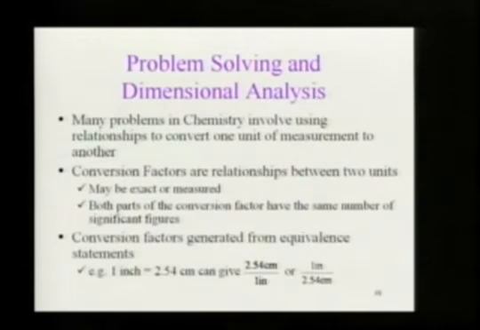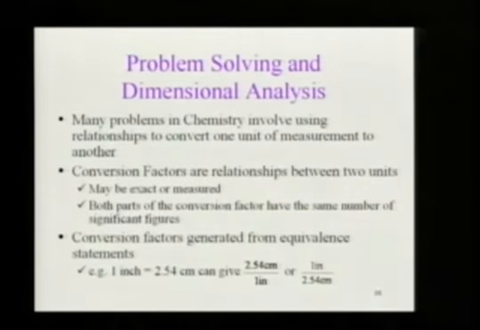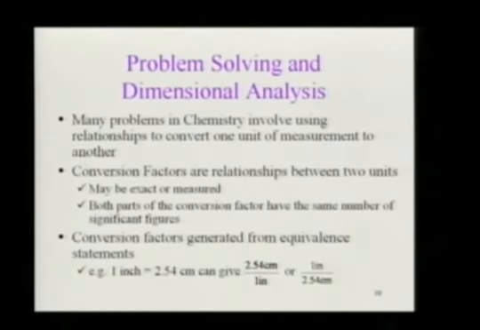Okay. I want you to notice this bottom part right here. There are 2.54 centimeters in 1 inch, for example. Now what you need to realize is that if you're going to use that as a conversion factor for math, what that means is that either one of these is true. We're going to express this as a ratio. This equal sign actually means that for every one of these, there's 2.54 of those, and vice versa.